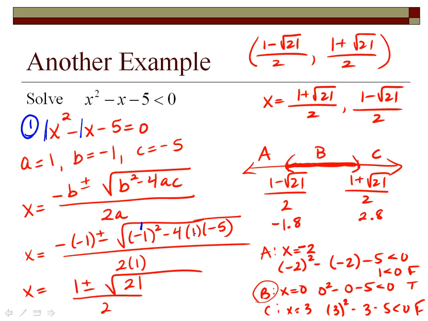Negative 4 times 1 times negative 5 is plus 20. So 1 plus 20 gives me 21. So I have as my solutions either 1 plus the square root of 21 over 2 or 1 minus the square root of 21 over 2.